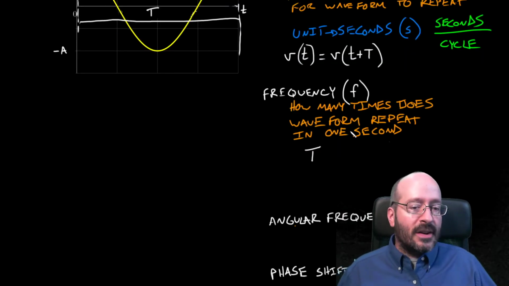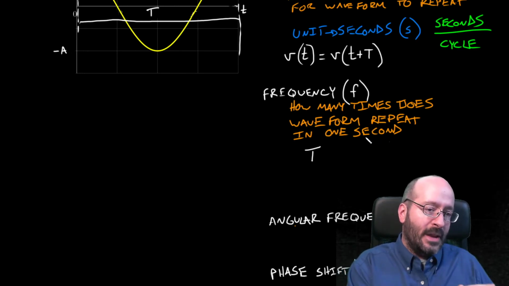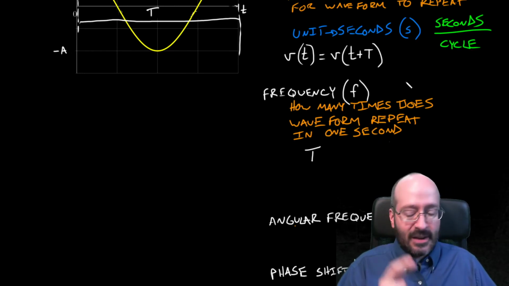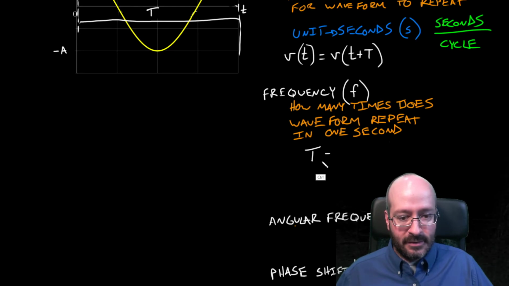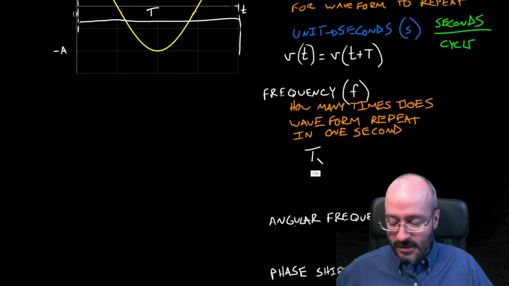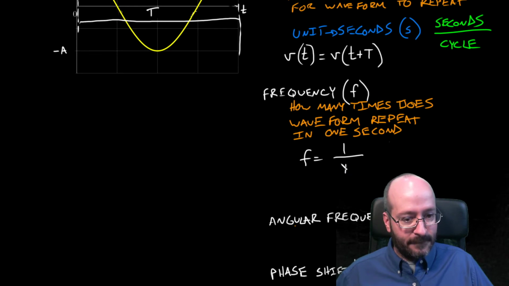To get how many times the waveform repeats, we need cycles per second. If we want to find the frequency, we just take the period and invert it.